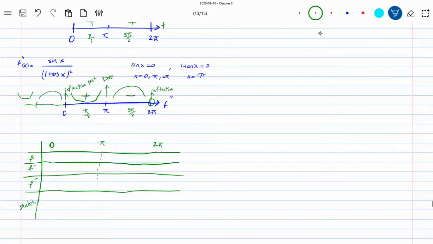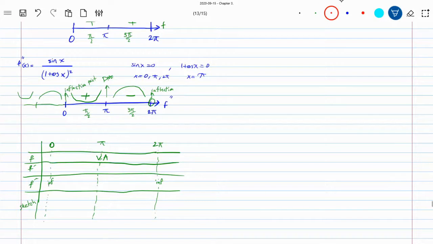Pi was a vertical asymptote. 0 and 2 pi turn out to be inflection points. So I can say here, inflection points for 0 and 2 pi. Even if you don't find it at this moment, you will see it when you graph it.